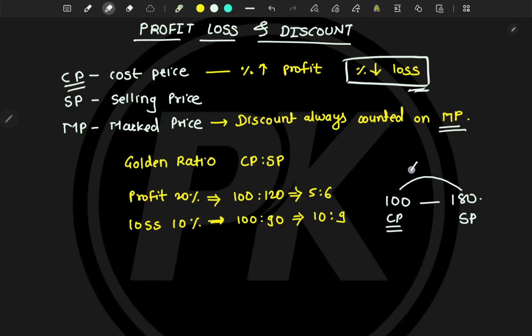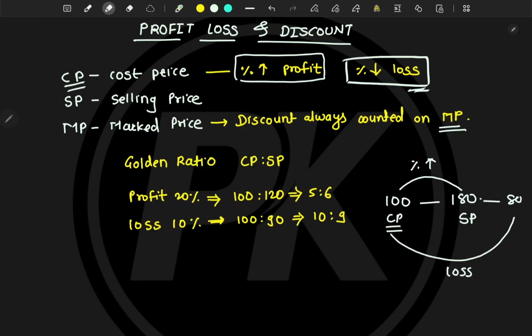The percentage increase in the cost price is nothing but your profit. But let's say you sell the same shirt at 80 rupees, that means the percentage decrease in the cost price is nothing but your loss, and the percentage increase is nothing but a profit.